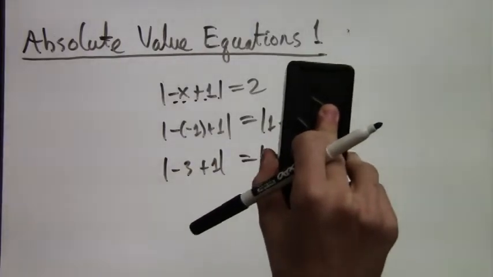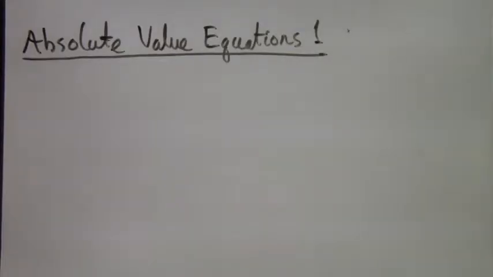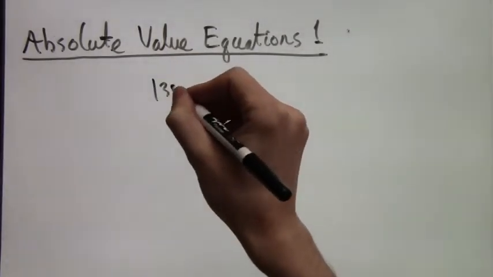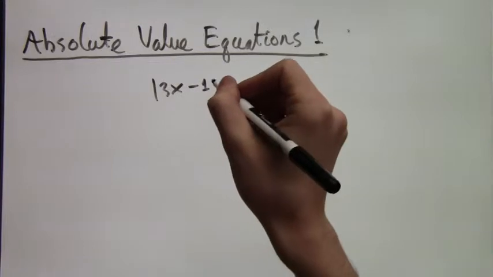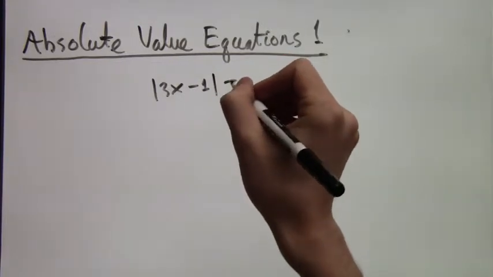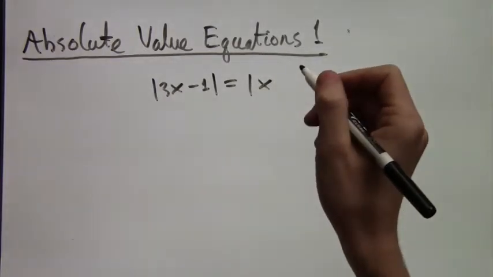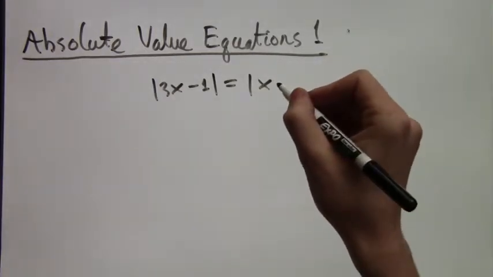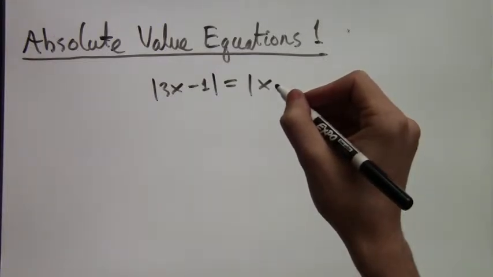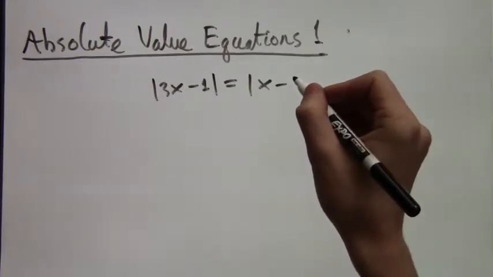Let's do some more examples. In this next example, we'll take the absolute value of 3x minus 1, and we'll set this equal to the absolute value of x minus, let's say, 5.